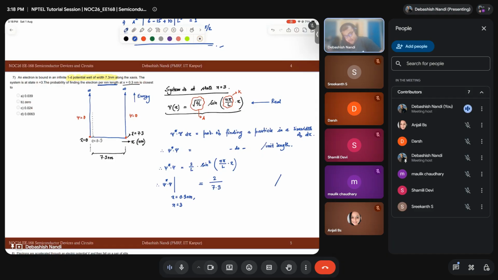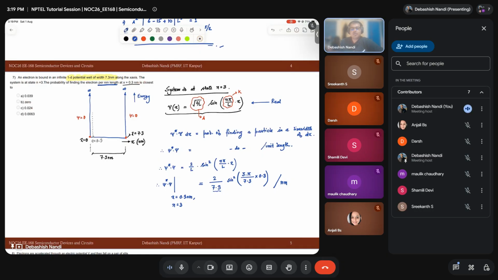Let's keep the per unit nanometer out. That is coming from the 7.3 nanometer. Then I'll have my sine square, because sine of something is unitless, right? So n is my 3, pi by L is 7.3 nanometer times 0.3 nanometer. Nanometer gets cancelled because my length is normalized here.